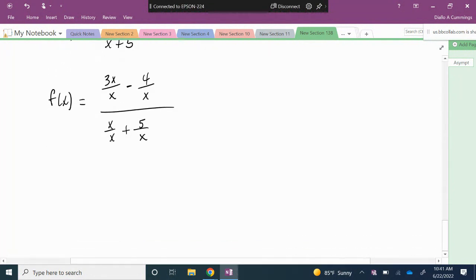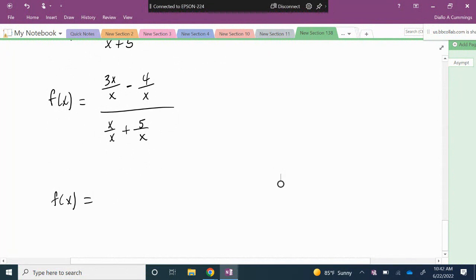So now here's what happens when we simplify: if whatever we're simplifying does not simplify to a nice number, then we're going to put in a 0.